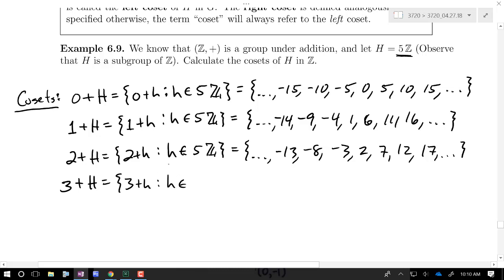The coset 3 plus H, what we might call the 3 coset of H, is going to be any multiple of 5 plus 3. So this will look like minus 12, minus 7, minus 2, 3, 8, 13, 18.